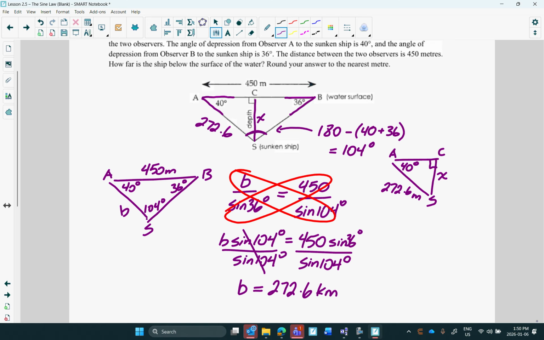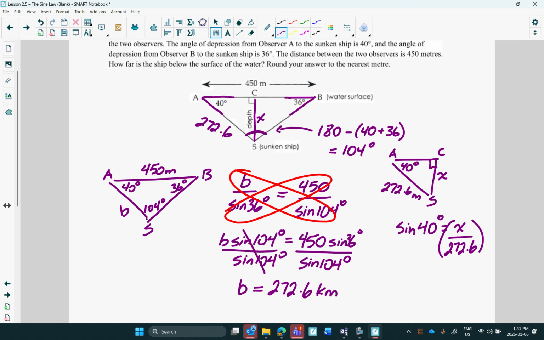What trig ratio? Well, if we know this angle, what's the name of this side? Opposite, adjacent, or hypotenuse? Opposite. What's the name of this side? Hypotenuse. So opposite, hypotenuse means sine. So the sine of 40 degrees is equal to x over 272.6.